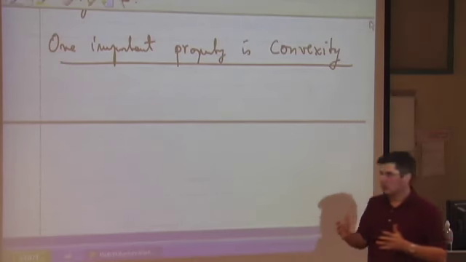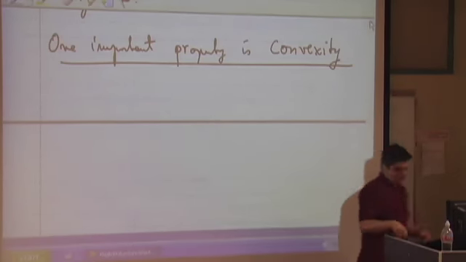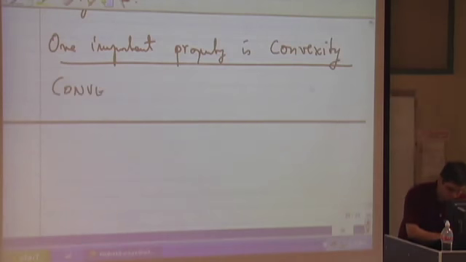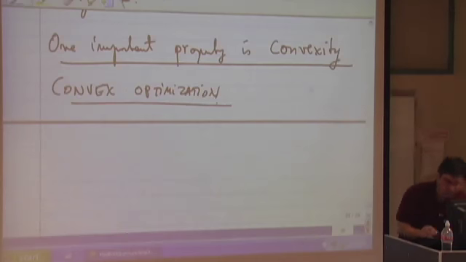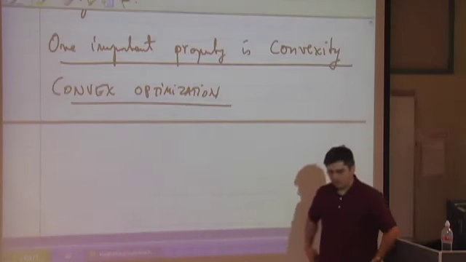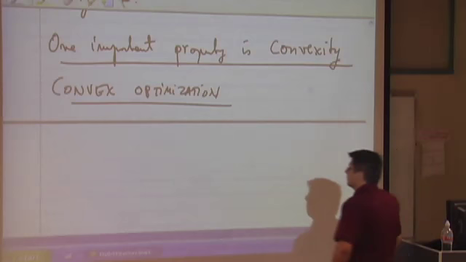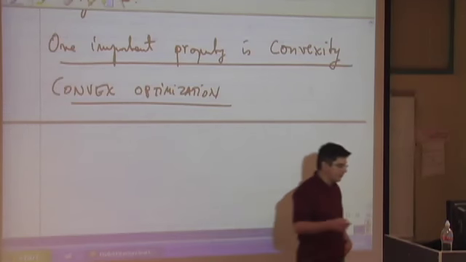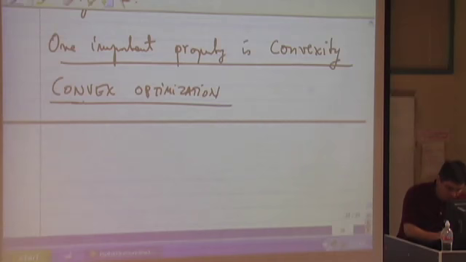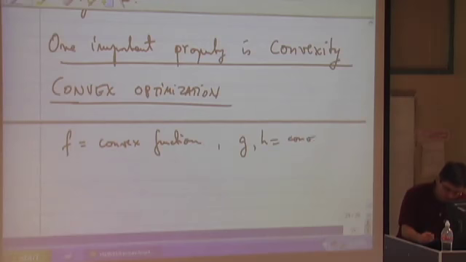It's a huge kind of jump, and in general it's a much more difficult problem than convex optimization. So what is convex optimization? Convex optimization assumes that f, the objective function, is a convex function, and I'll say in a second what it means, as well as g and h are convex functions.